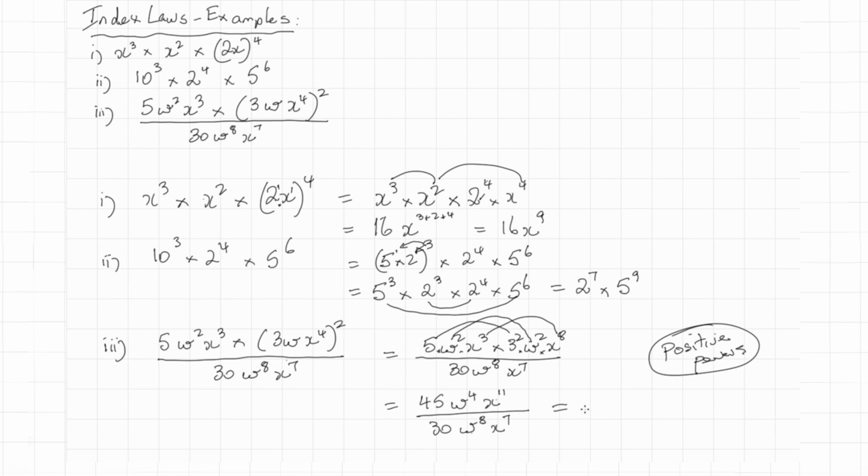Let's look at our numbers first. Is there a number that will divide into both 45 and 30? Just looking at it, they both end in a multiple of 5. So 5 or 0, 5 will always go in. So we can start with 5. We could go to 15 straight away, but I'll just do the 5 first.